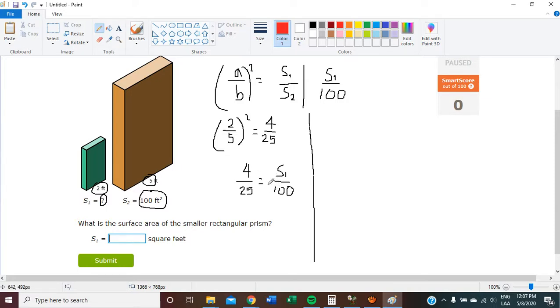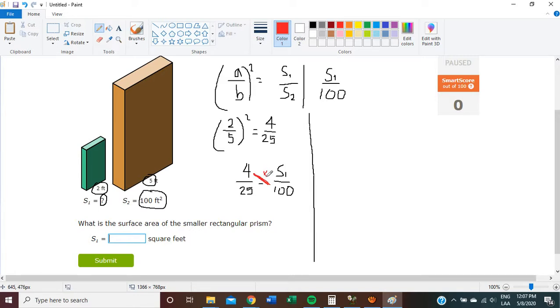How do you know what you're going to multiply? Obviously, you cannot multiply this times this, because you don't know what the value of S1 is. So you always multiply the values that you know. When you finish multiplying, then you're going to divide.